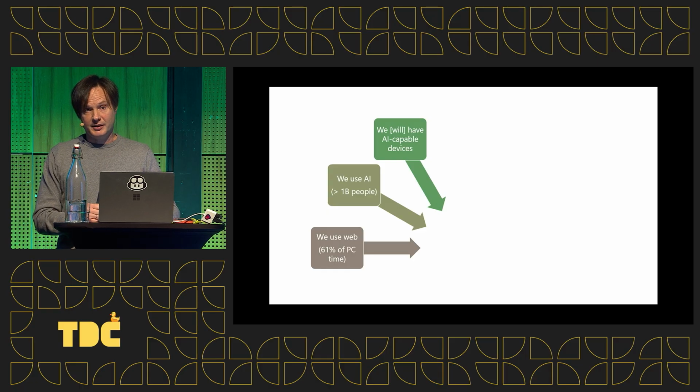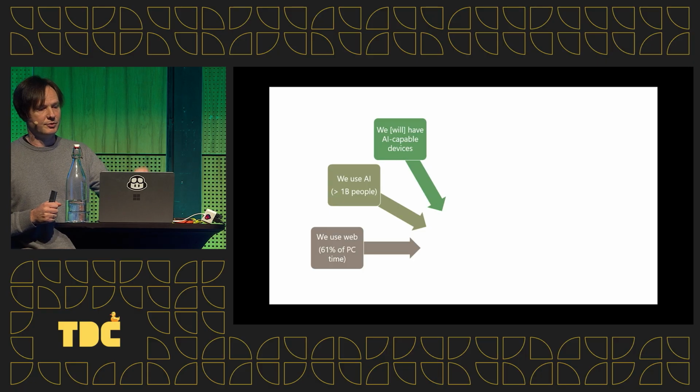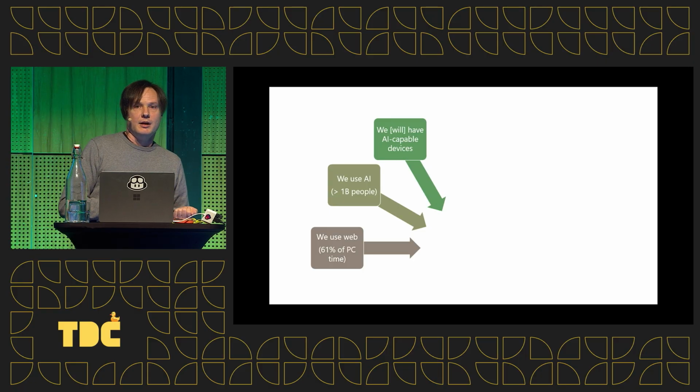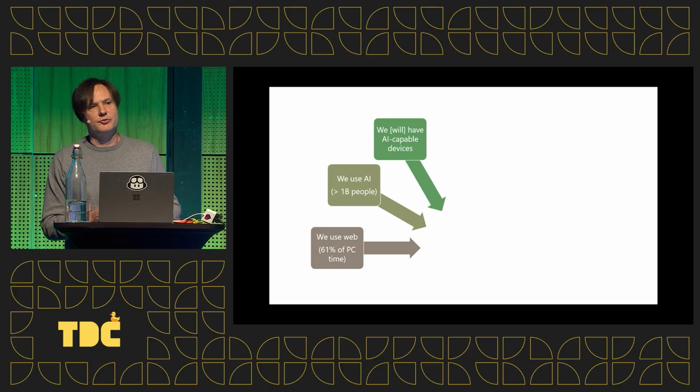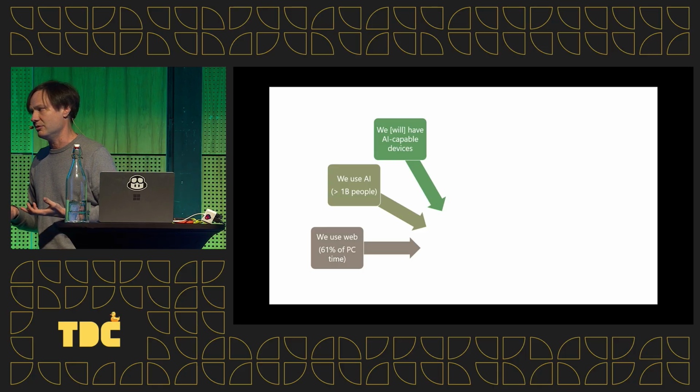Devices are getting better and better. Like desktop devices, laptop devices, mobile devices, it's becoming kind of mainstream to have some special hardware support to do this inferencing or maybe even training tasks or fine-tuning tasks.